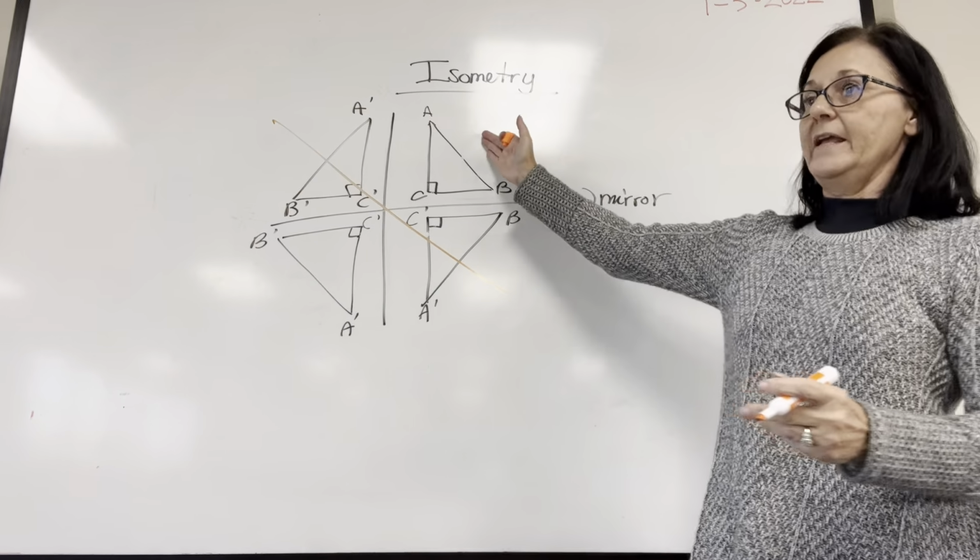Reflections are isometric, but don't preserve orientation. The only one that preserves orientation is the translation. That's the only one.